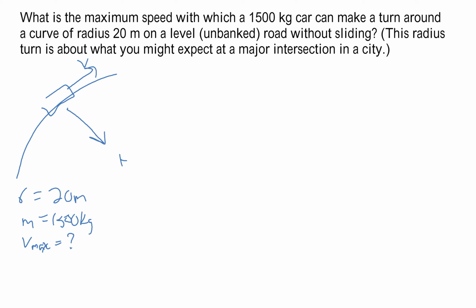Now, also, we're talking about without sliding. So that means we must have a static friction situation going on here. And so the maximum speed means we're going to have to hit a maximum static friction force. So we need F sub s max. So we need mu sub s here.